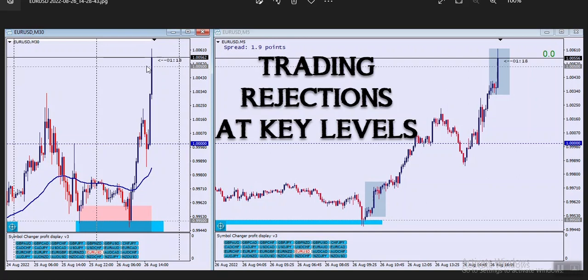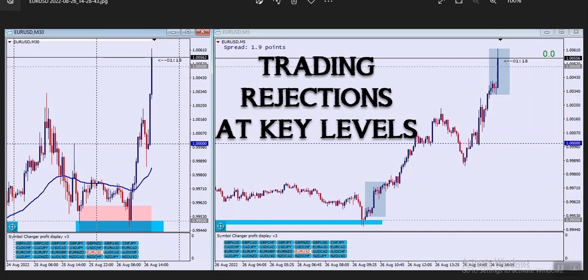So this was the final point it got to before it started dropping down. So it gave over 100 pips, right? So let's go to the chart.